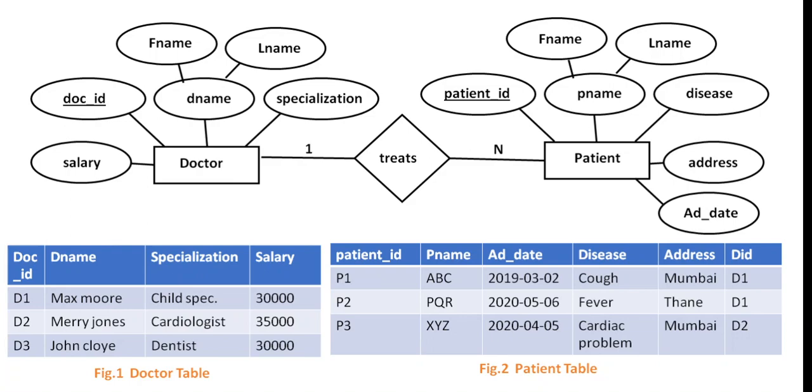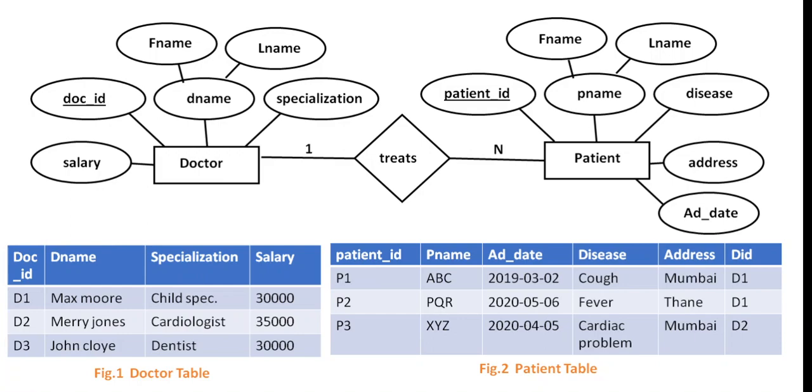Okay, but here the patient table has one additional attribute, that is doctor ID, and that doctor ID attribute is a common attribute between the doctor table and the patient table, which is used to show the treat relationship between these two tables. This relationship, which is shown in the diagram, the treats relationship, can be maintained in both tables by using the common attribute doctor ID.